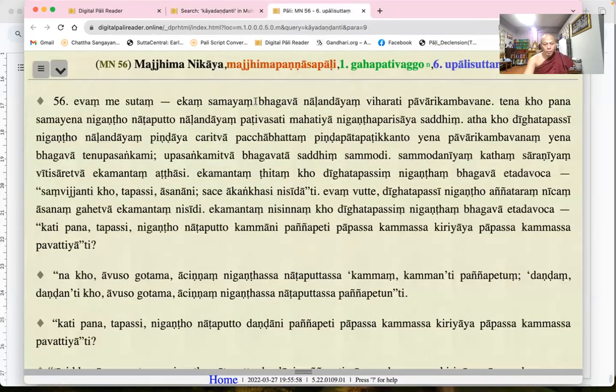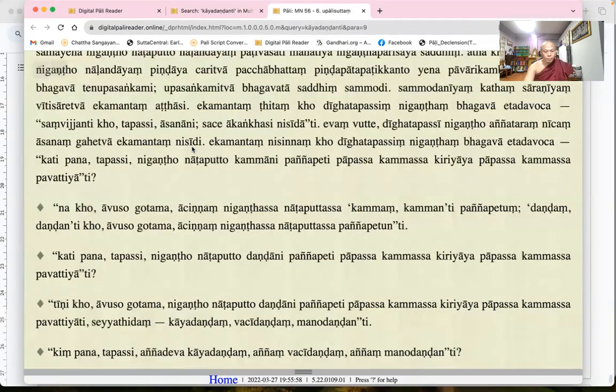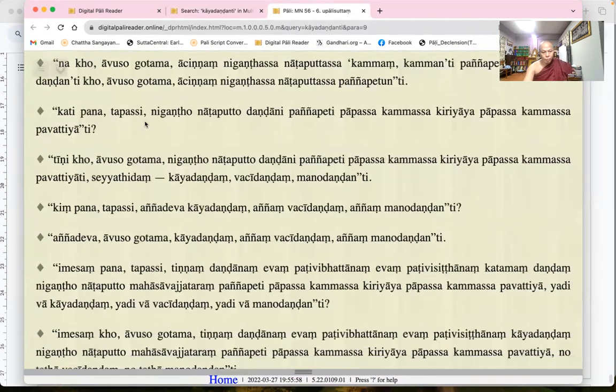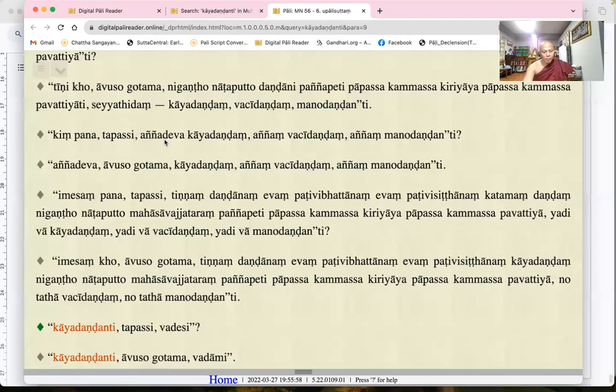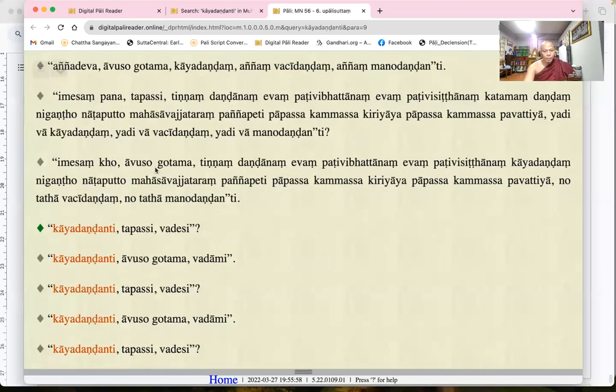In the Ubali Sutta, the Buddha asked the Niganda, "Ime sanko also Godama dana dandana." Among the three dandas or punishments, Kaya danda, bodily punishment, Waji danda, verbal punishment, and the mental punishment, something like that.